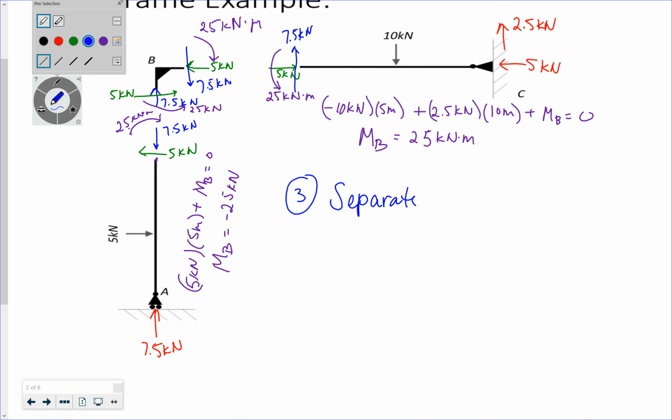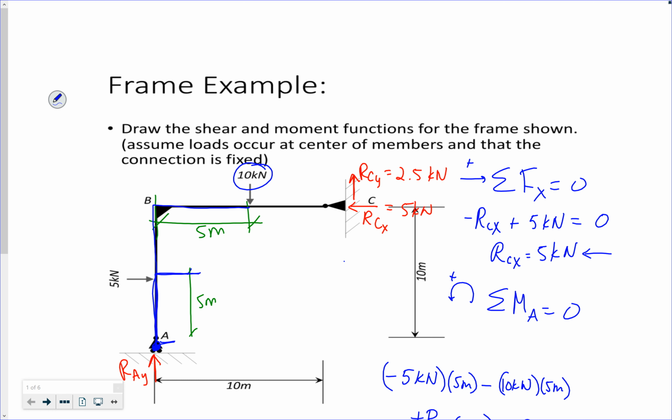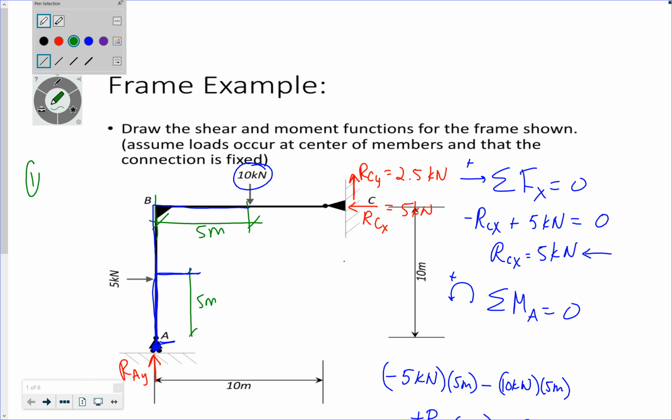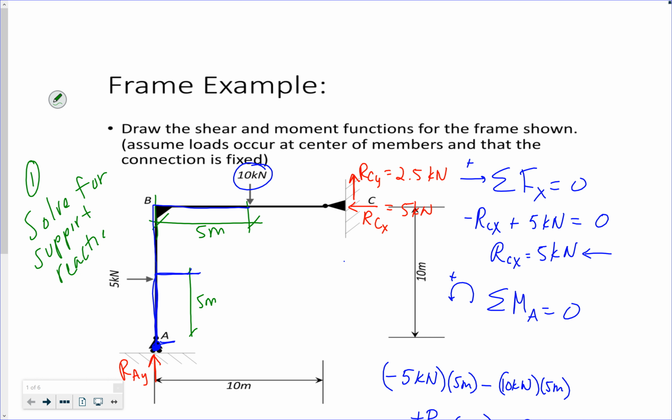Wait, what did I call the last page? Right, this was step 1, solve for support reactions. I said my procedure, solve for support reactions, calculate support reactions, whatever you want to say.